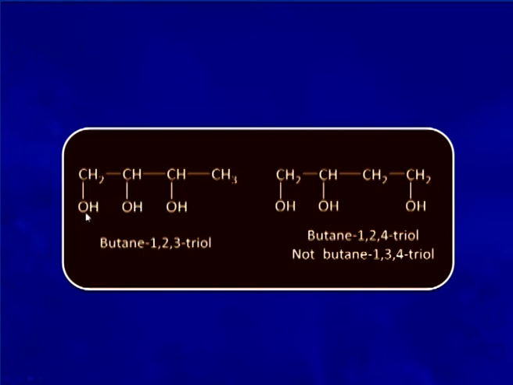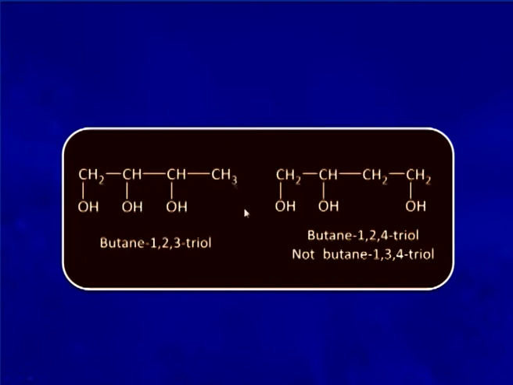So the rule which we have discussed earlier will be followed, that is, the minimum number is given to the substituents, and that is why the right name for this particular molecule is butane 1,2,3 triol.